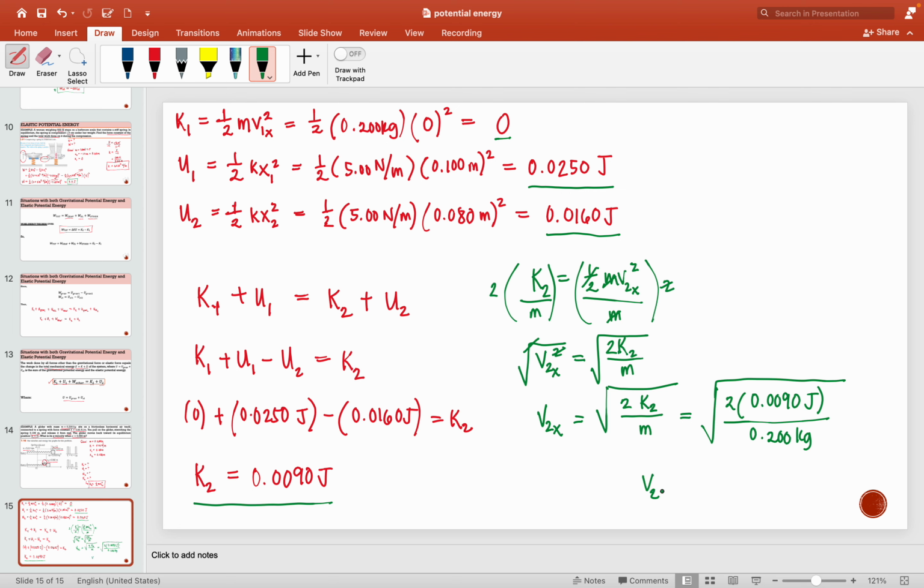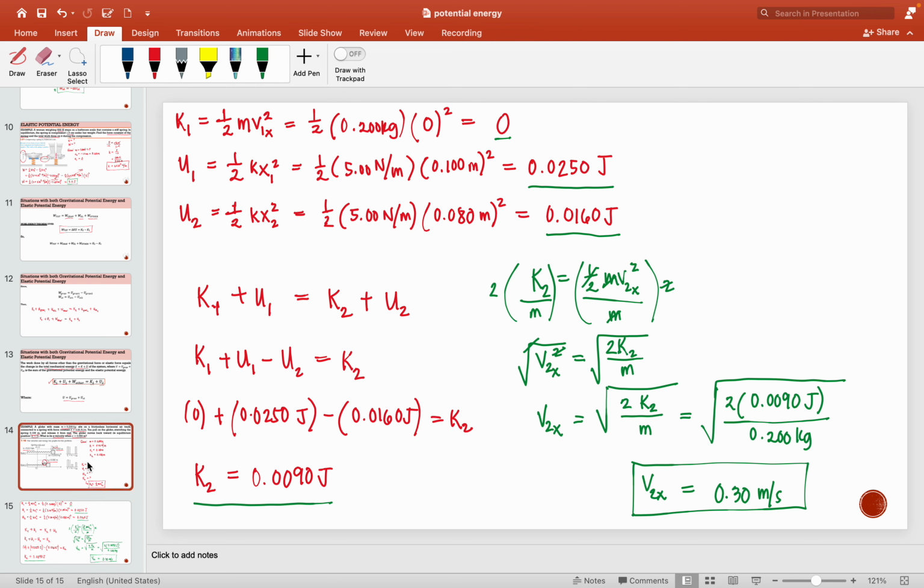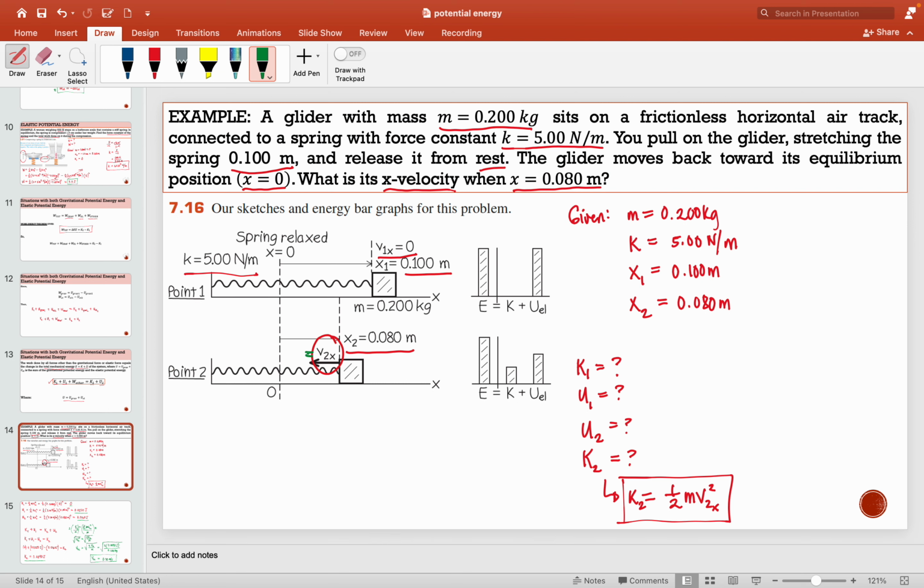Okay, so our V2x is equal to 0.30 meters per second. Okay, so this is our V2x, or this one right here. So V2x is equal to 0.30 meters per second. So this is the velocity when x is equal to 0.080 meter.